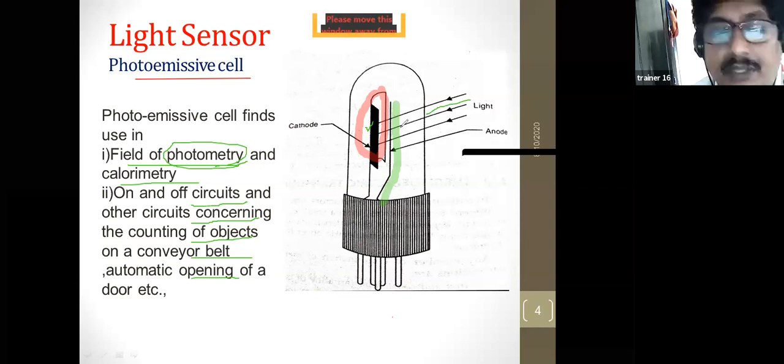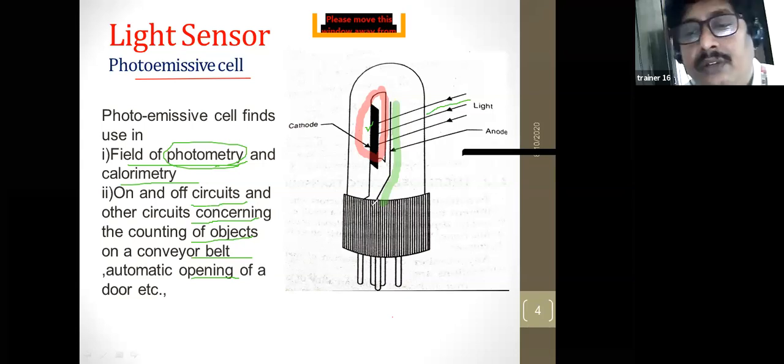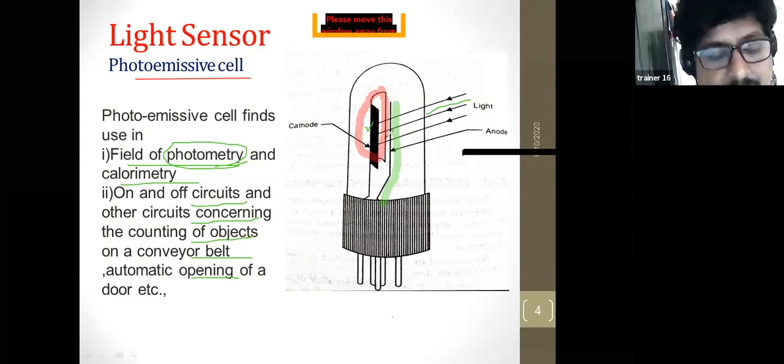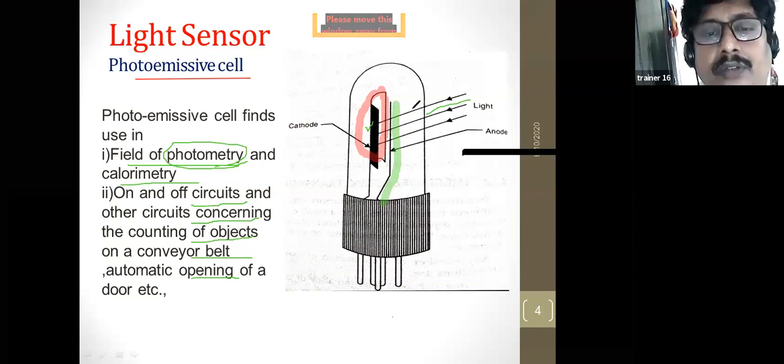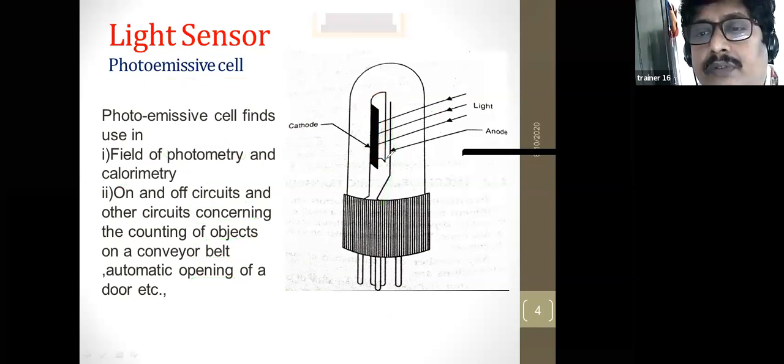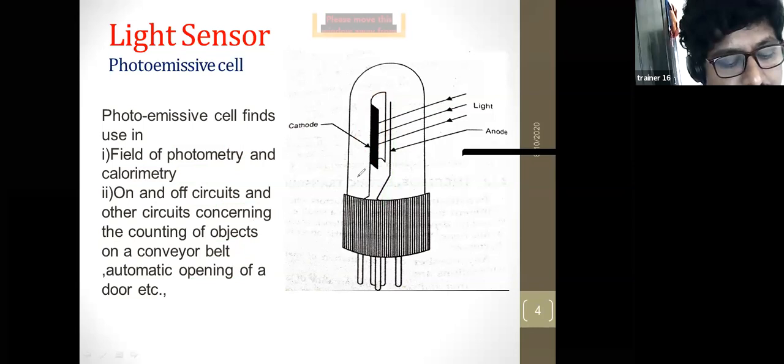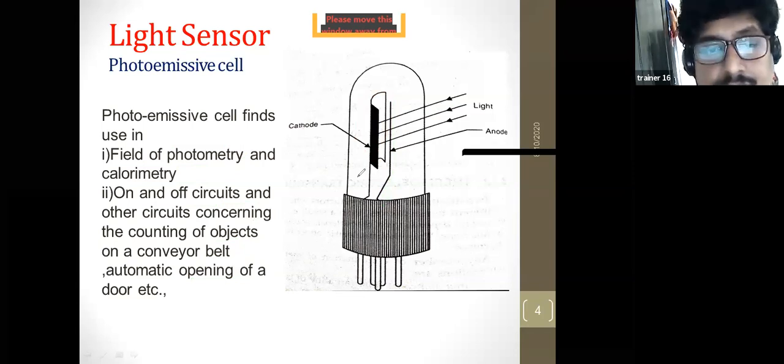These electrons are received by the anode, a thin material. Right? Are you understanding? Then here what happens? Some current will develop. Any questions from this? Right. We will go for the next one.